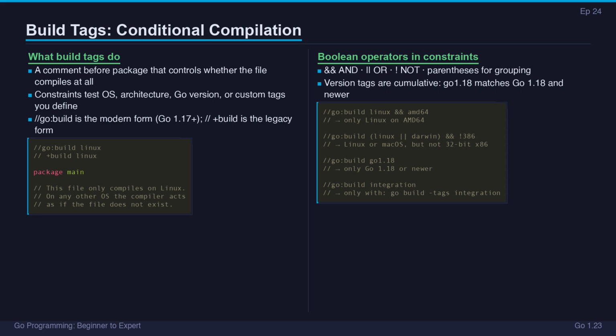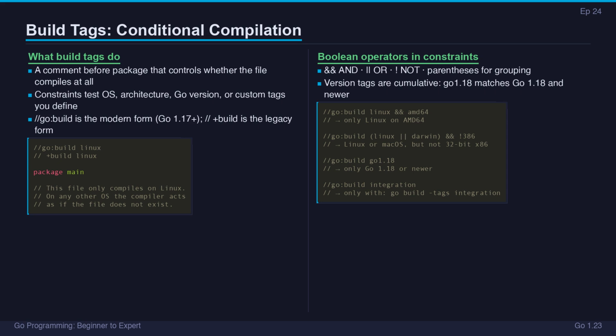Constraints can test the operating system: Linux, Darwin, Windows; the architecture: AMD64, ARM64, WASM; the Go version, Go 1.18 and up; and any custom tag you define yourself. The expressions are real Boolean logic: && for and, || for or, ! for not, and parentheses for grouping.